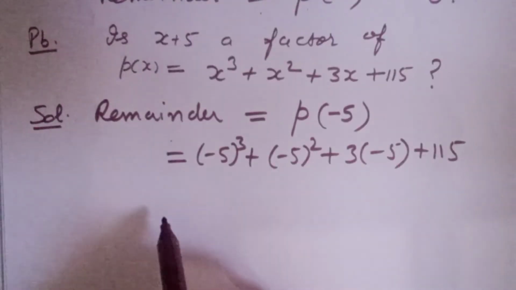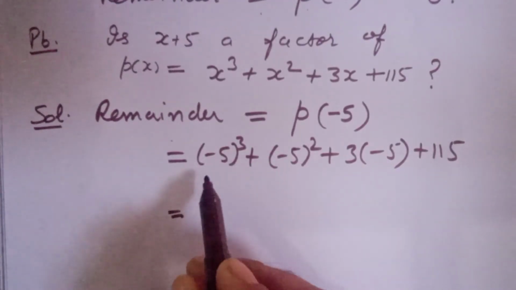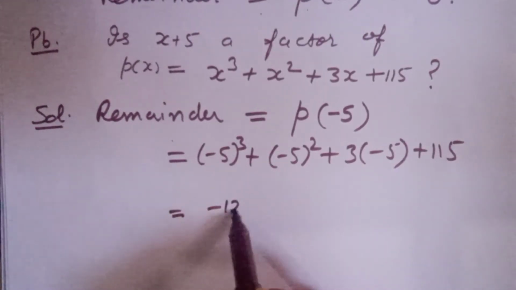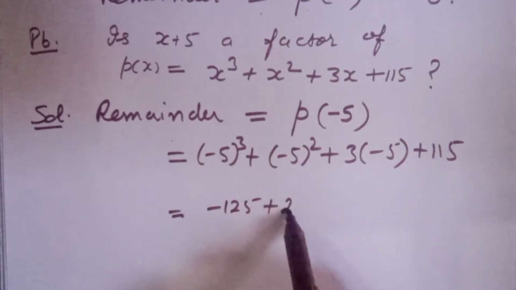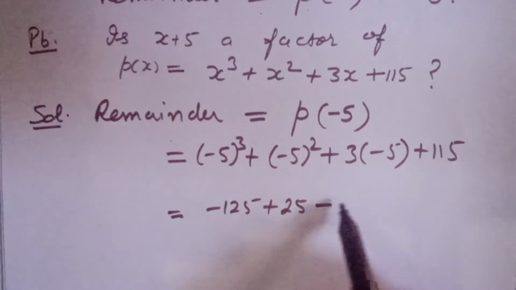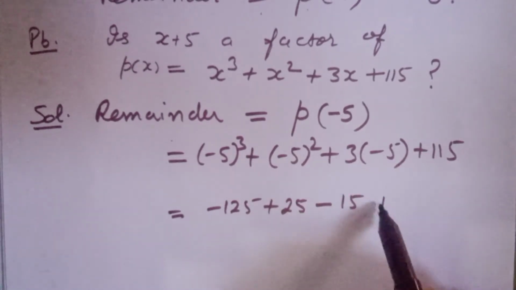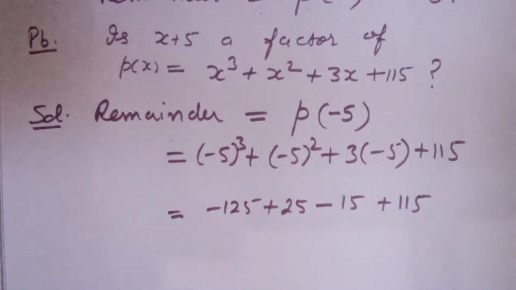So now this is minus 5 cube, which is minus 125, minus 5 square, which is plus 25, plus 3 times minus 5, which is minus 15, plus 115.